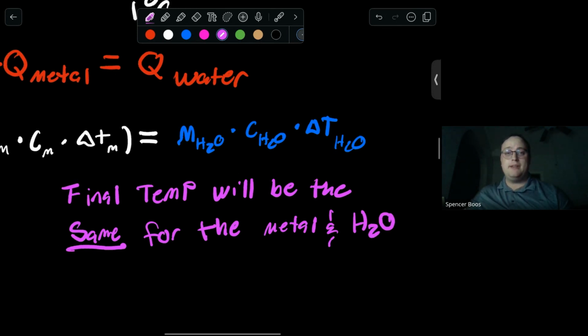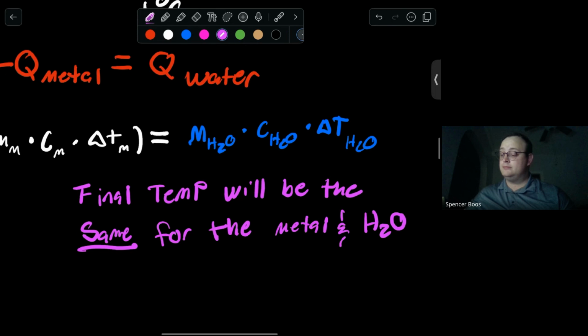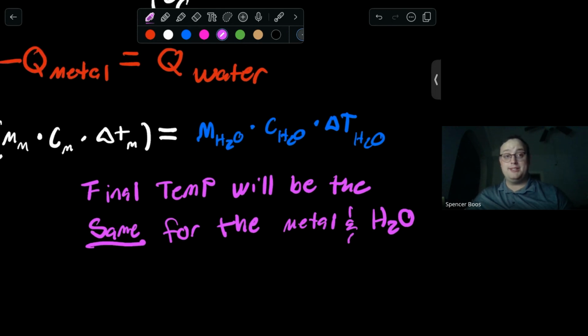So the final temperature will always be the same for the metal and the water. So that's a very, very good hint there.